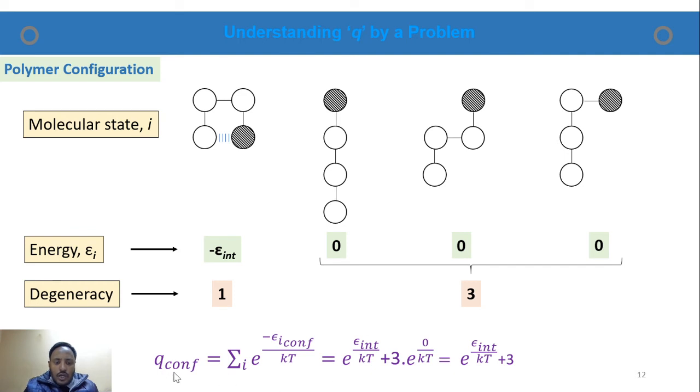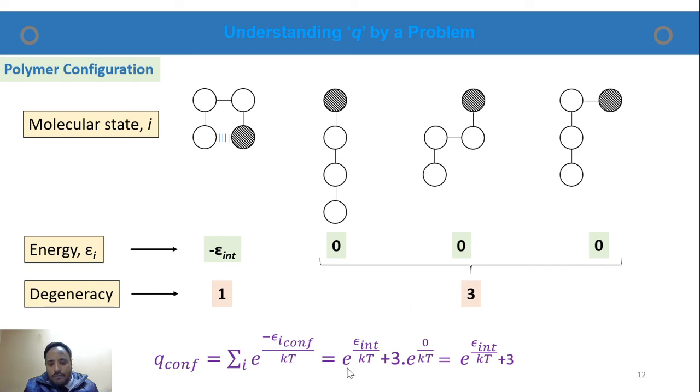So if we solve the partition function for this polymeric configuration, we will see that it becomes equal to the summation of e to the power minus EI config divided by KT, the usual expression for the partition function, and this sum can be expanded to include the contribution from the first and the other three configurations.